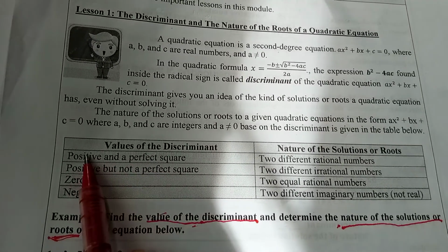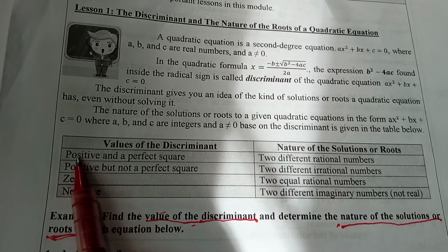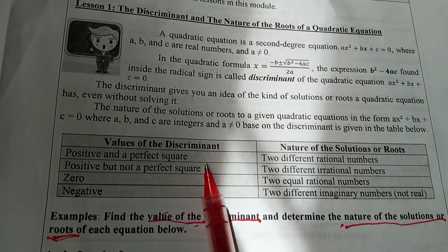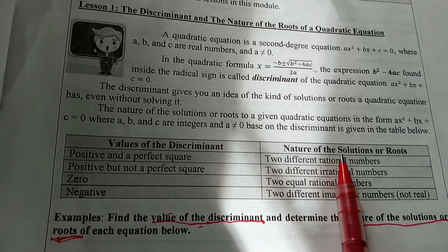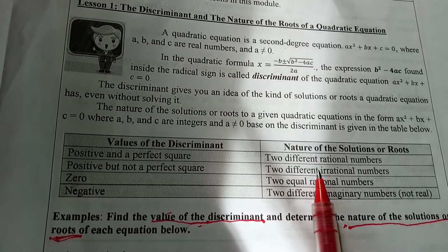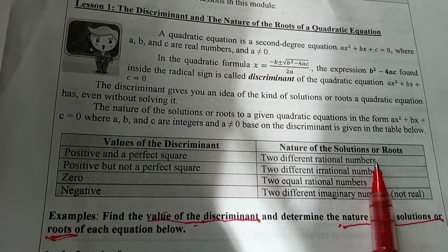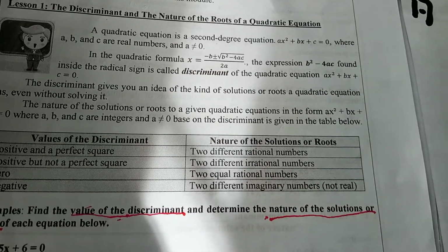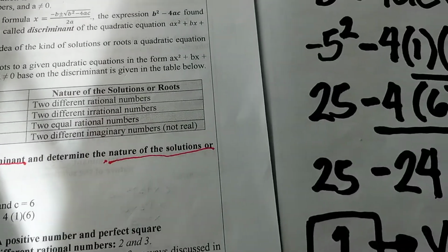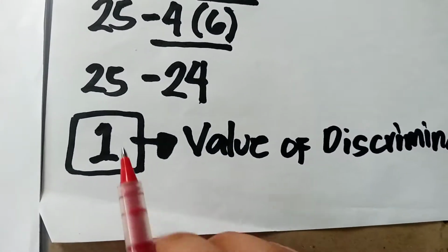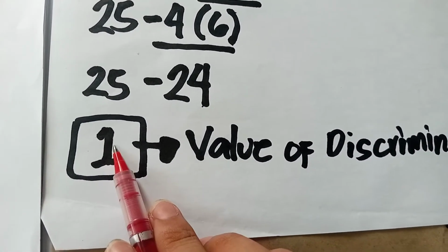And then kung ang value nato sa discriminant positive siya or perfect square, ang nature of the solution or roots is two different rational numbers. Okay? Since atong answer diri is the value of the discriminant is positive man siya, this is 1.